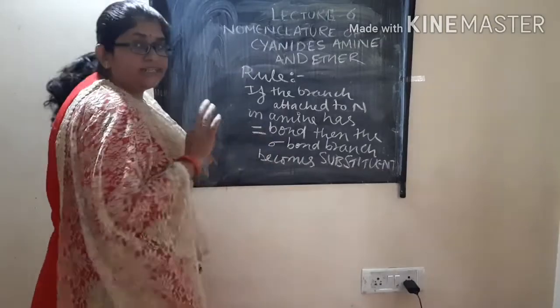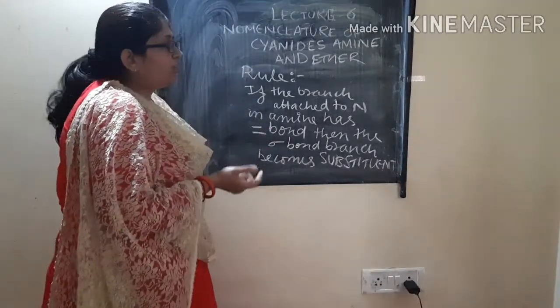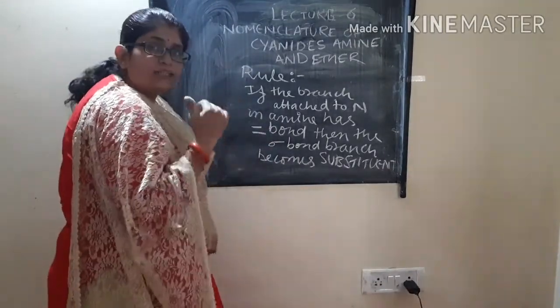Understood students? It says that in amines we can attach branches from both sides of the nitrogen.